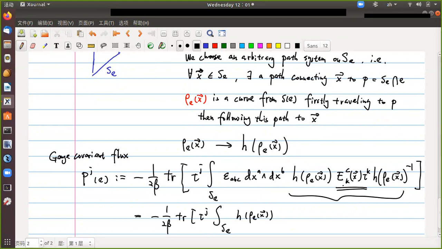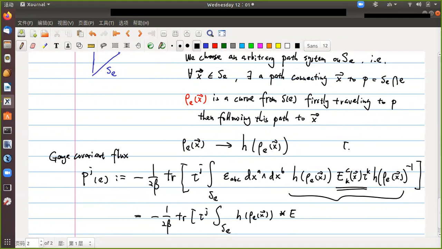You can consider this E^c contracted with epsilon_abc dx^a wedge dx^b. So this is nothing but the dual of E, E^c dual, as a two form and a matrix valued two form.